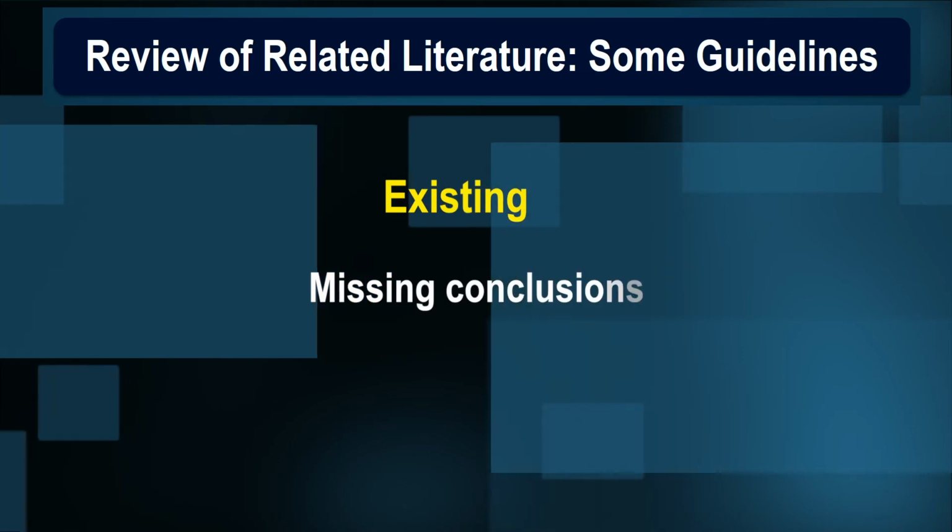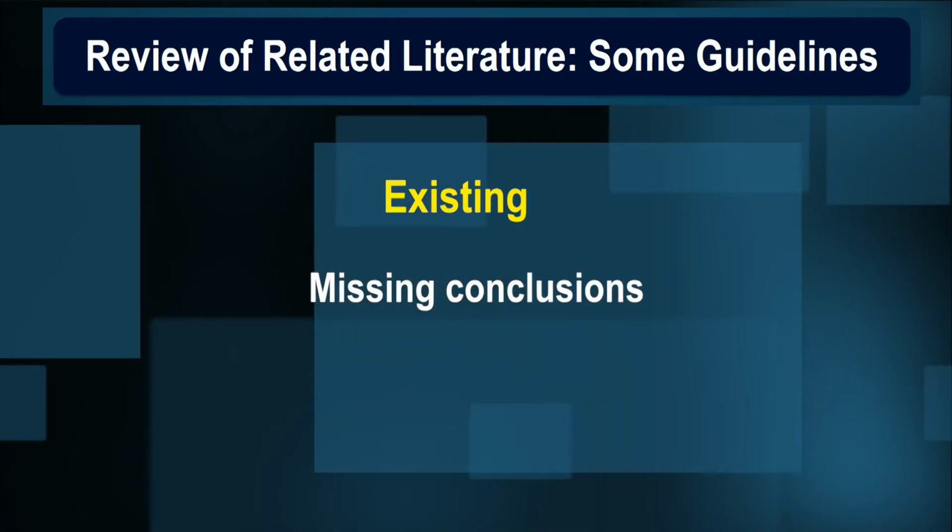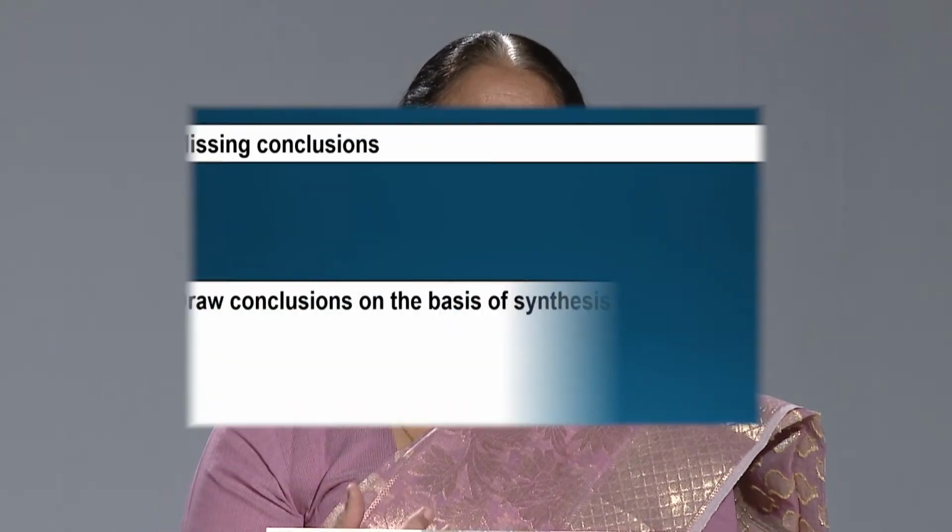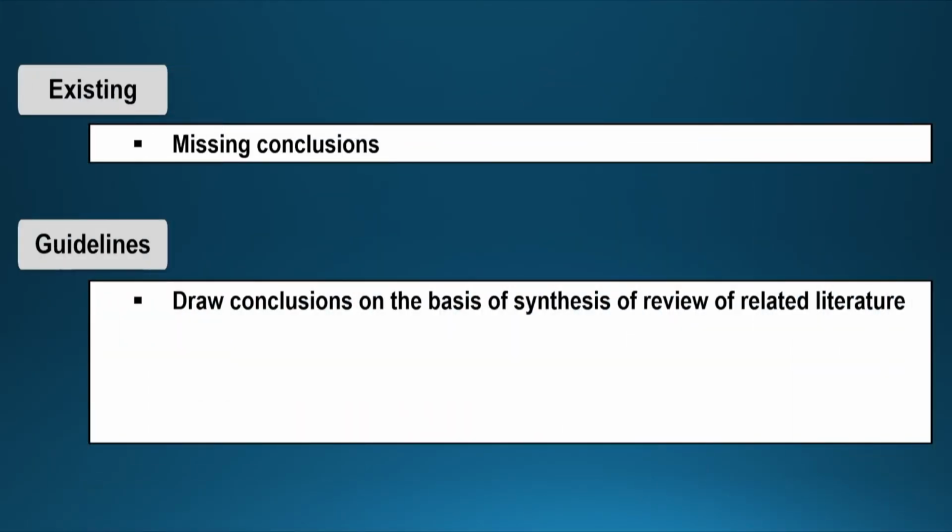In many of the works which are reported, conclusions are missed. Once you are able to synthesize the related literature, the purpose of synthesis is to draw conclusions on the basis of the findings of the various studies included in the review of related literature. So the conclusions can be drawn on the basis of the major findings.